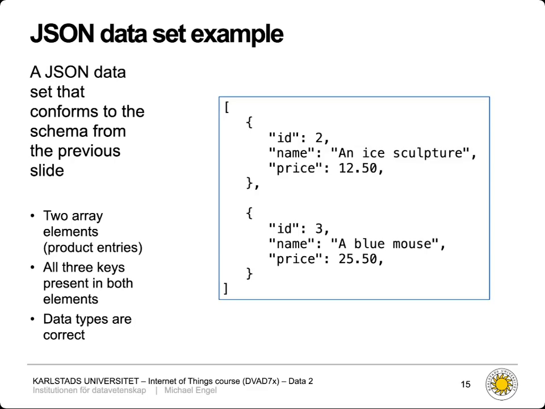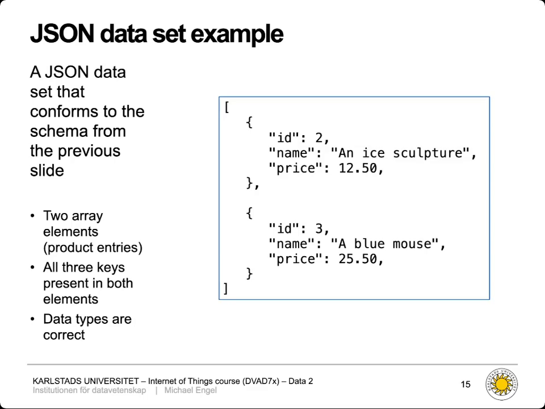The first one has an ID of 2. We see it's a number, so it's perfectly valid. It has a name, which is a string, a nice sculpture, and it has a price, which is a decimal number, not 0 and not negative, so it's 12.50. And we have another product with an ID 3, which is a blue mouse with a price of 25.50.